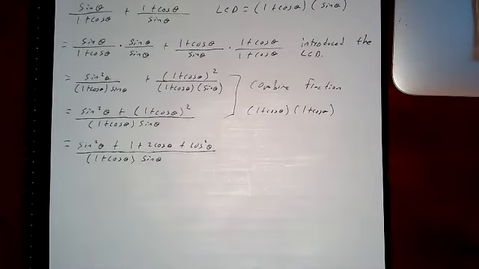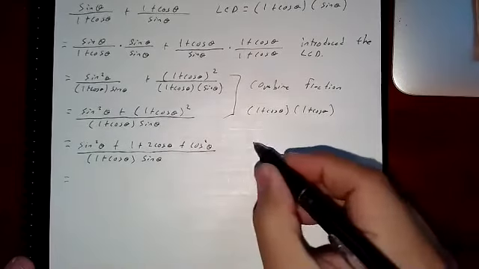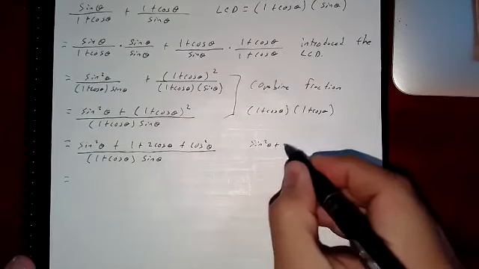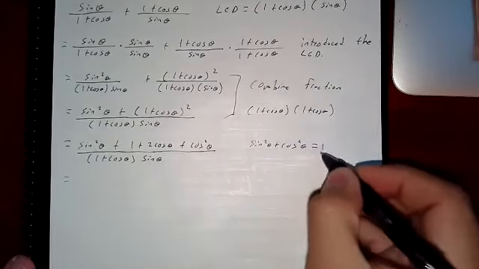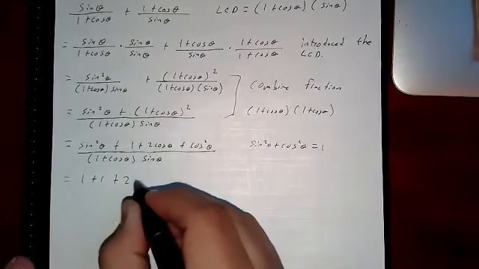The sine squared and the cosine squared can add to equal 1. Yeah, that's a good idea. So sine squared theta plus cosine squared is 1. So we'll get 1 plus 1 plus 2 cosine, right?